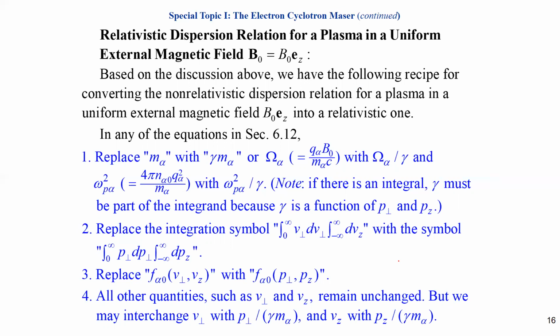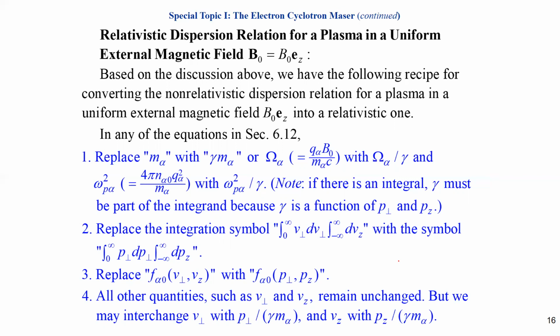Based on the discussion above, we have the following recipe for converting the non-relativistic dispersion relation for a plasma in a uniform external magnetic field B0 EZ into a relativistic one.